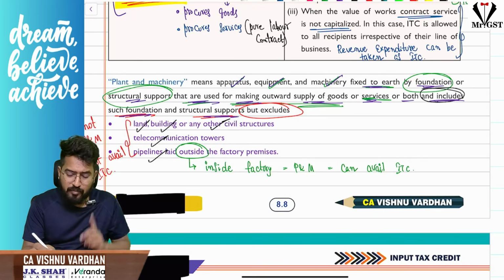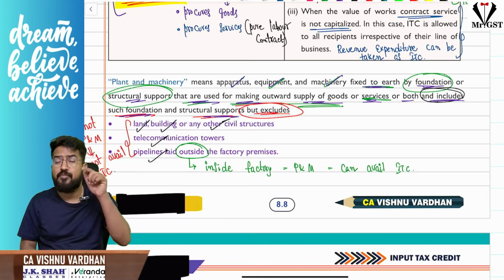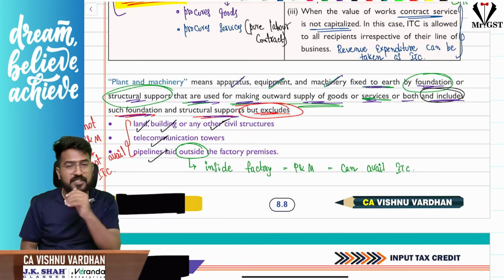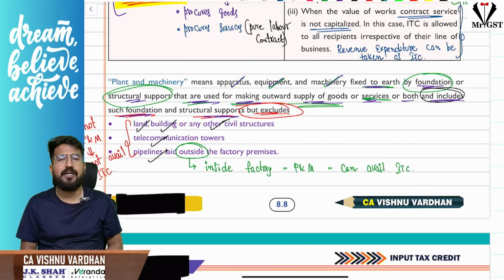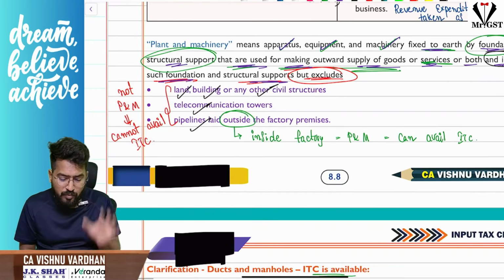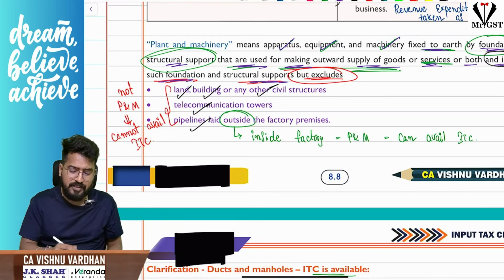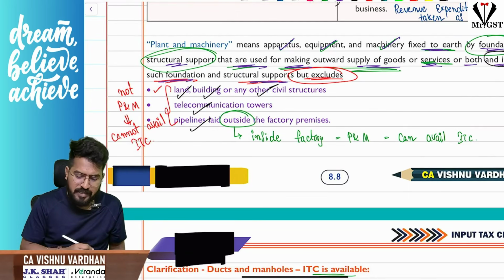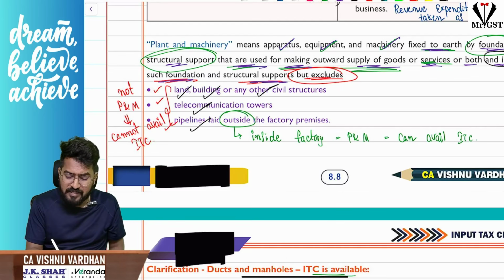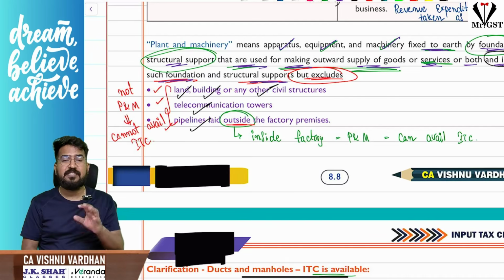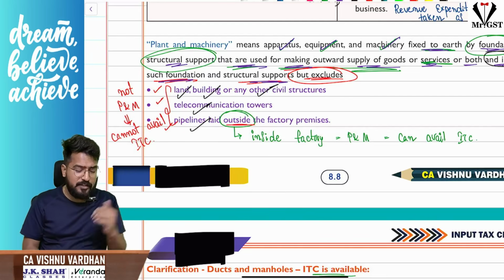But here the point is not inclusion, sir. The important point is exclusion, because plant and machinery you can take ITC. What are excluded from plant and machinery, on that you cannot take ITC. Are you able to understand? So what are excluded from the plant and machinery definition, sir? Land and building and other civil structures, telecom towers, pipelines laid outside the factory premises. These are excluded from the definition of plant and machinery.